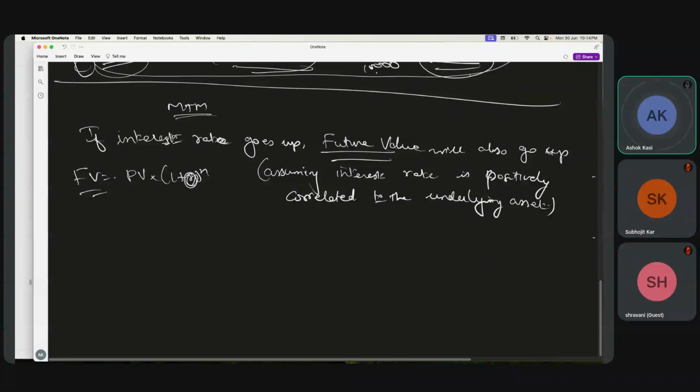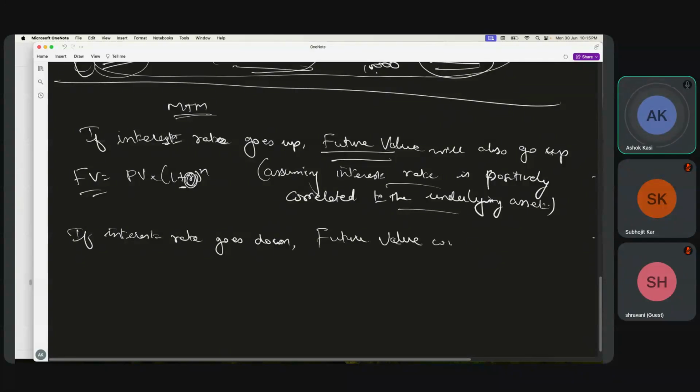But imagine there is a correlation, but now the interest rate is going down. If the interest rate goes down, then the future value will also go down.